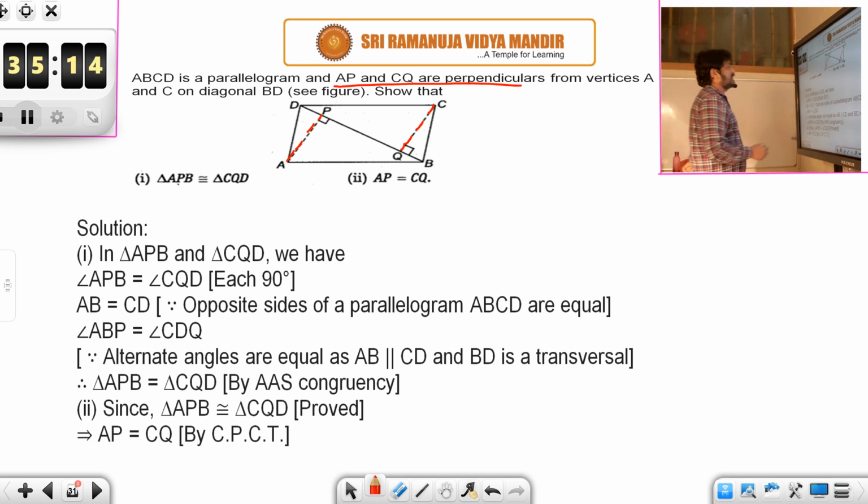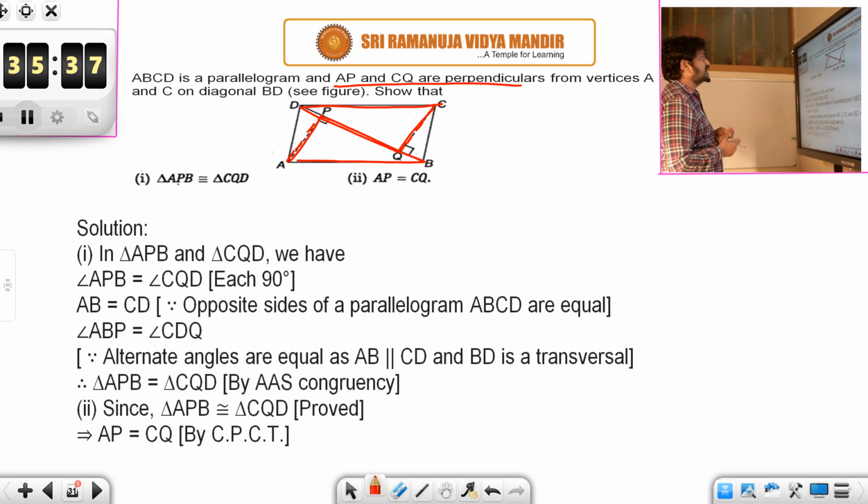Now, show that triangle APB is congruent to triangle CQD. You need to show that this triangle APB is congruent to triangle CQD. So, first of all, you need to be clear what is given and what is being asked. What is given? Given that ABCD is a parallelogram.